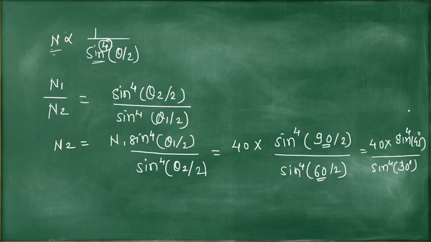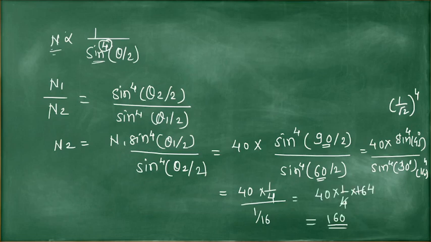Sine 45 is 1 upon root 2, take its fourth power, and sine 30 is 1 by 2, take the power fourth. Then this will be 40 into 1 by 4 by 1 by 16. Solve this and you will get 160. So this is the correct option.